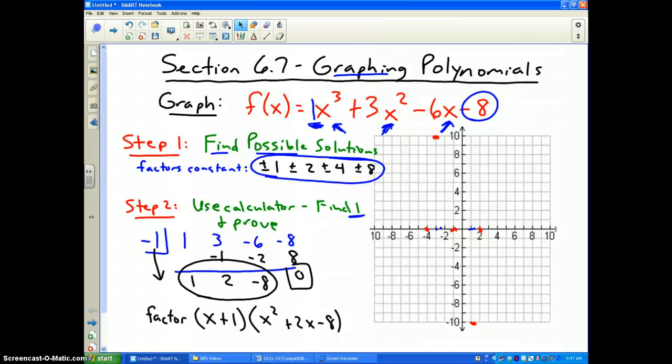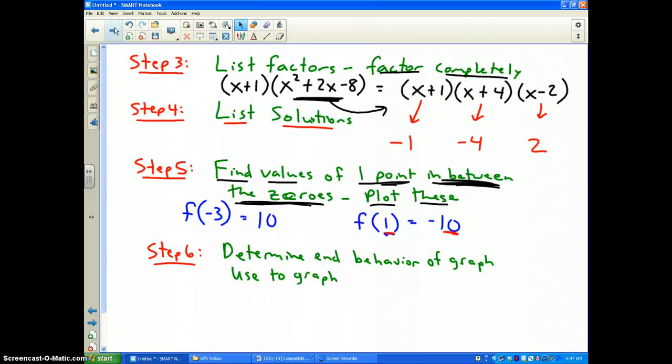Okay. So at this point, we now have a good idea what this graph is going to look like. The last step is to use what we talked about in the last video to determine the end behavior of the graph and then use that to draw it.